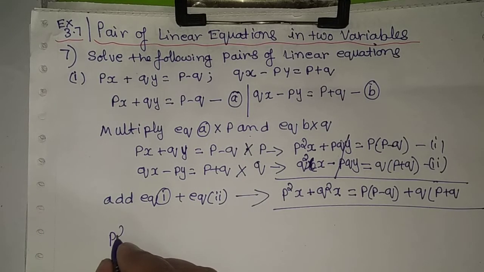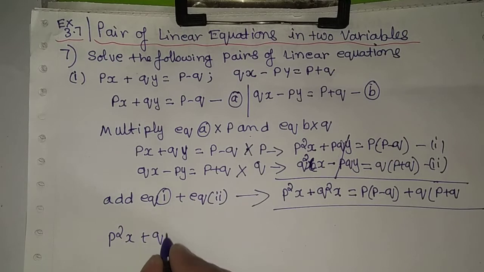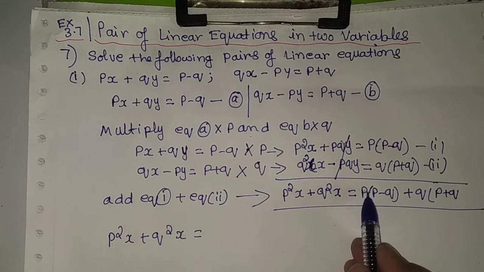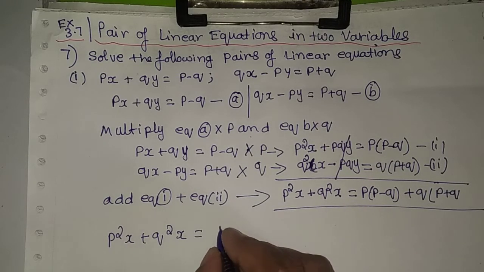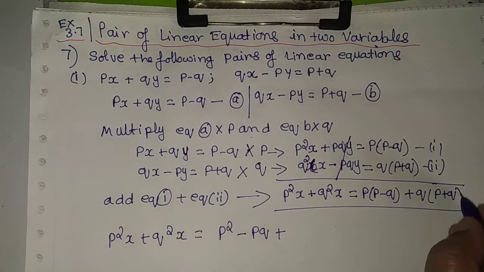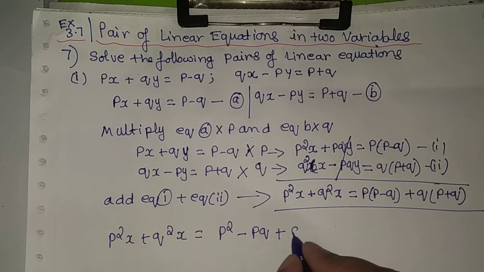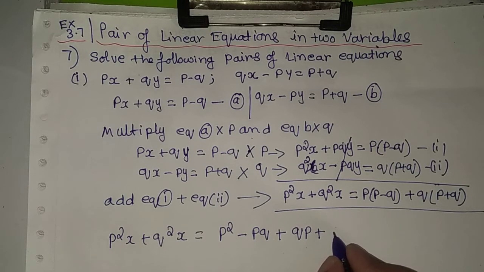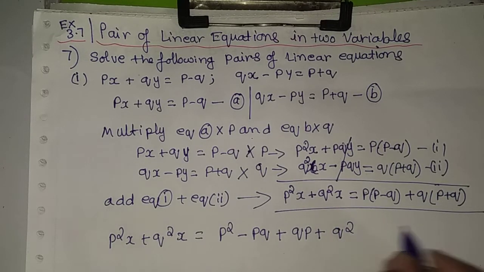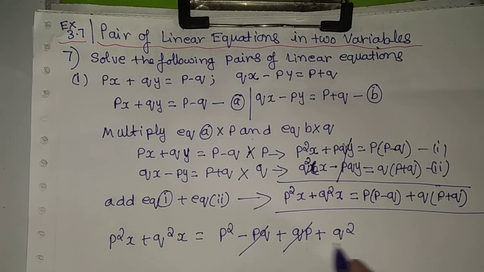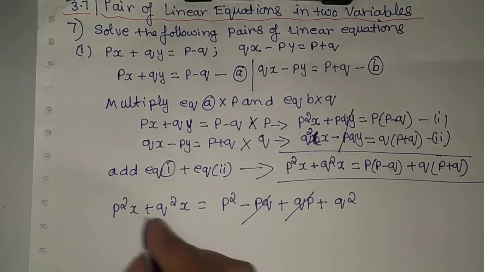So write down P²x + Q²x is equal to, bringing the P inside the bracket, we get P² - PQ plus, here Q inside the bracket, that is QP + Q². Then these two cancel, PQ cancels.